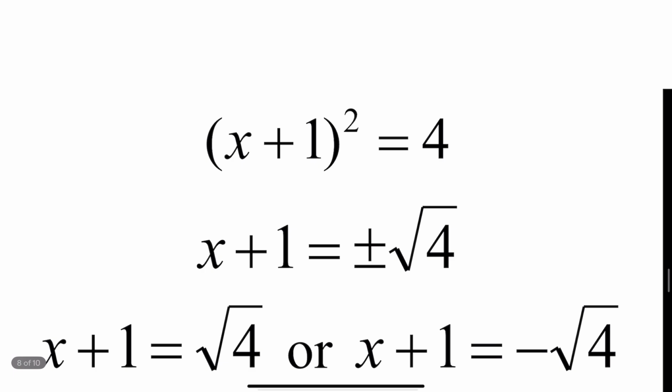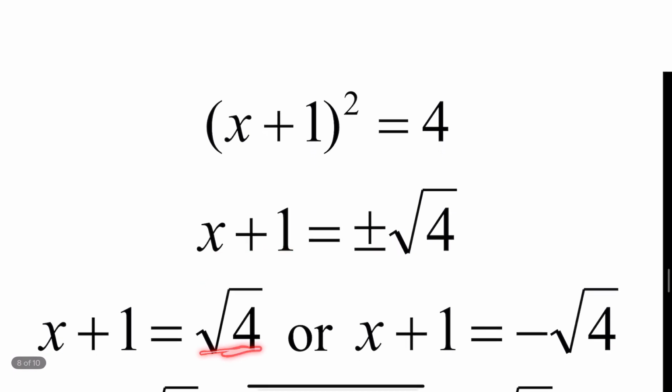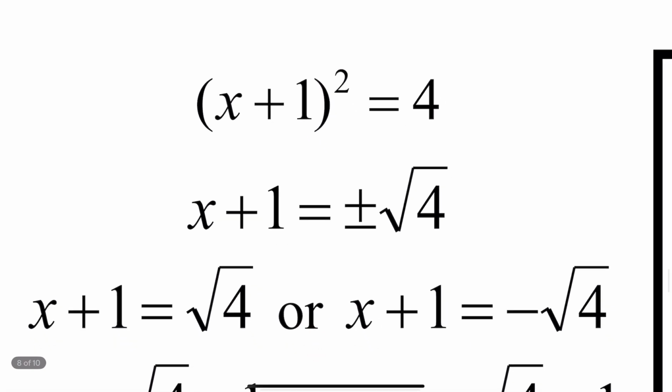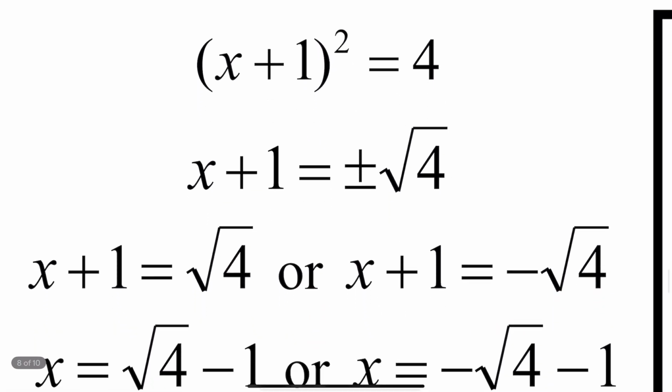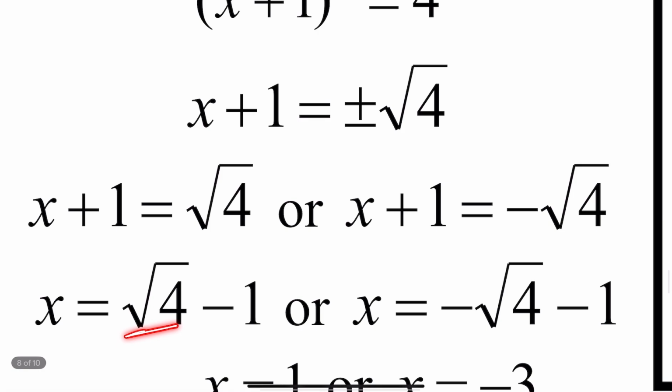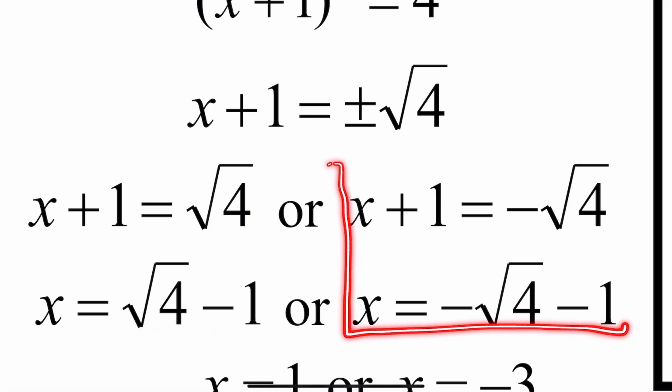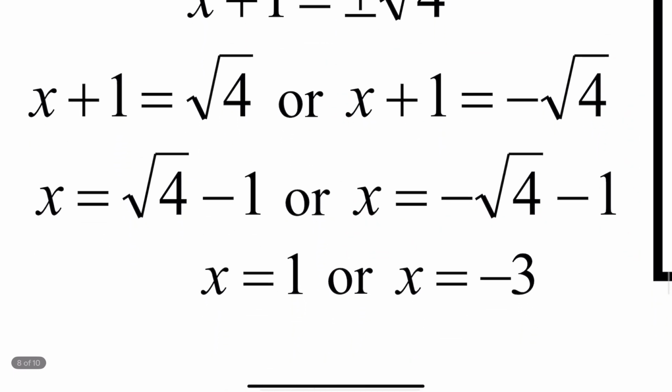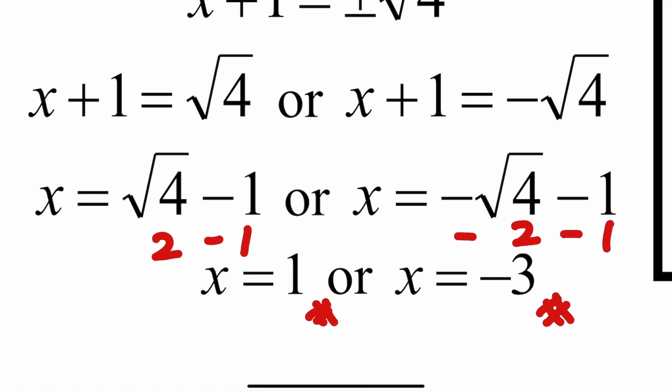So x plus 1 is either equal to positive root 4, or negative root 4. Therefore, x is equal to root 4 minus 1, or x is equal to negative root 4 minus 1. Evaluating, I know that root 4 is 2, so this is 2 minus 1 or negative 2 minus 1. I'll get 1 or negative 3.